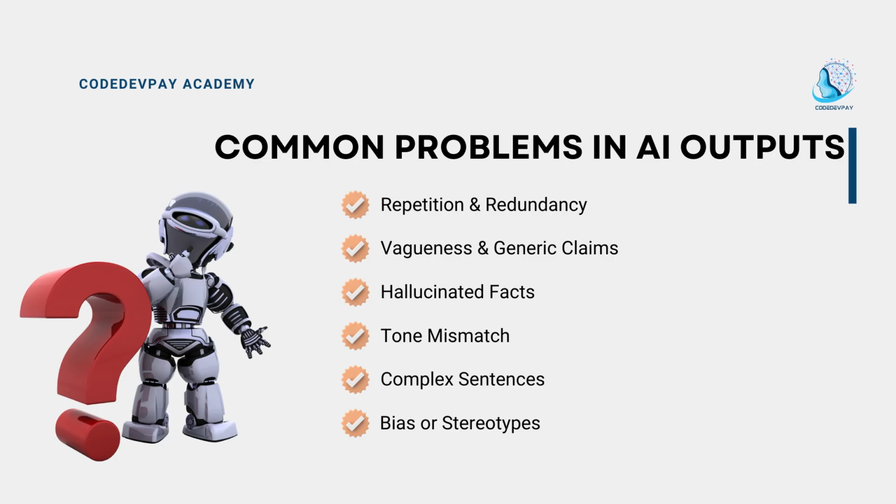The second problem is vagueness and generic claims. So mostly you find statements like, "Many people find this helpful," and so on. To correct this, we can replace them with real examples or data. We've talked about hallucination and it's here also.